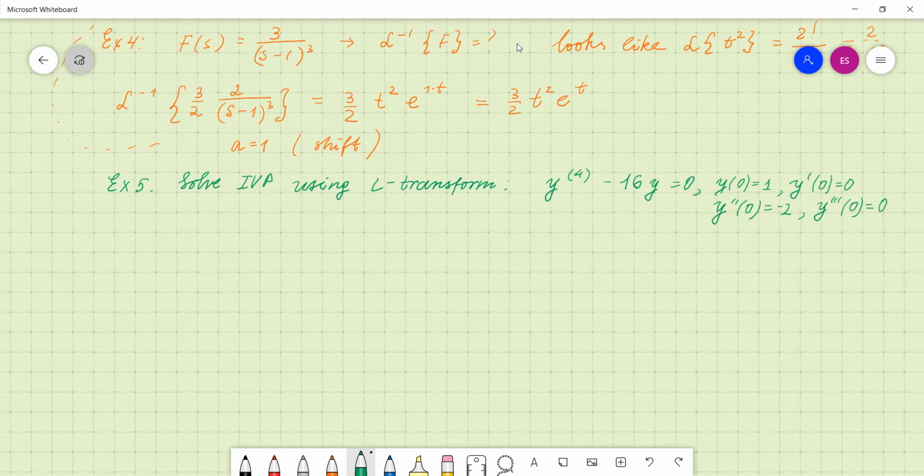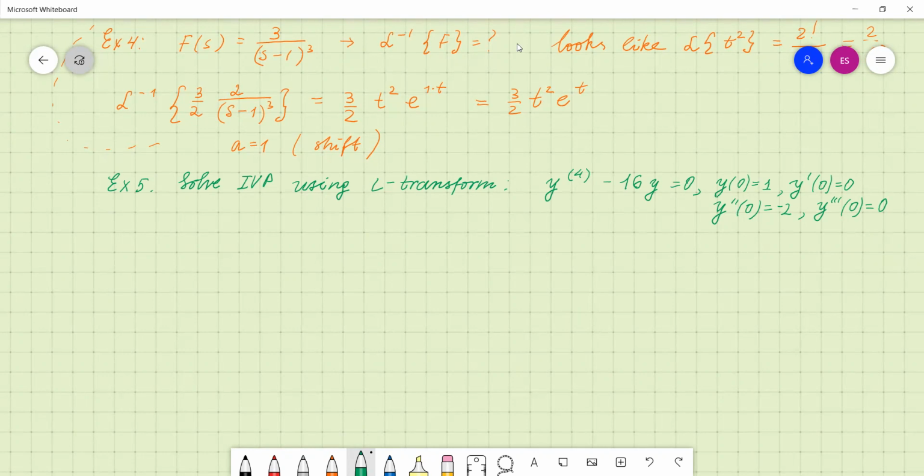Well, again, remember that the formula which is used to modify this equation into the Laplace transform of this equation uses initial conditions. So Laplace transform likes to solve initial value problems. Normal methods solve the general problem first and then use initial values. Laplace transform starts with initial values in the beginning.